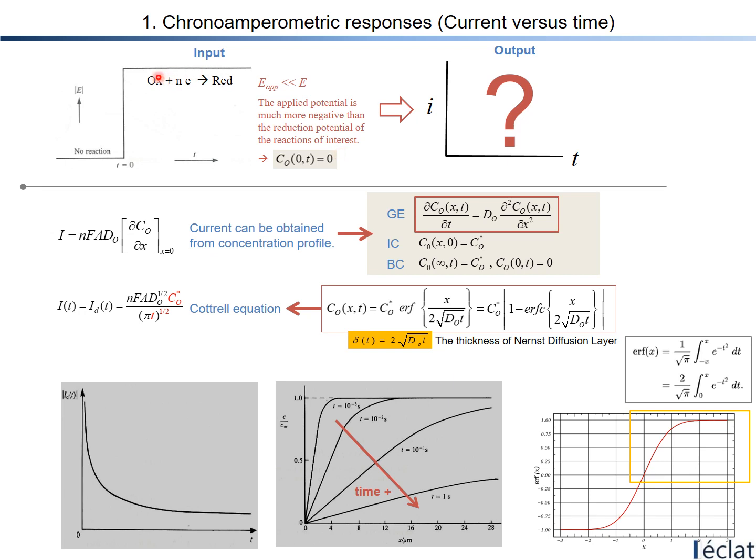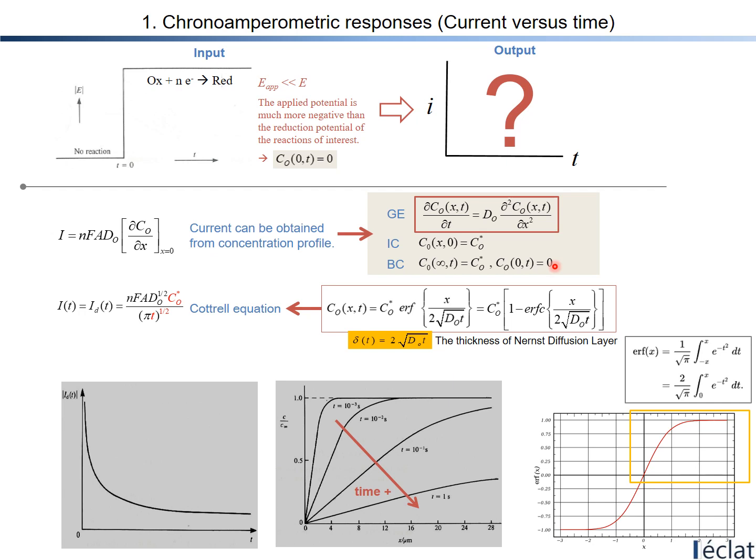So all of the oxidized species are reduced. You cannot find any oxidized species on the surface of the electrode. So C_O at x equal to 0 is 0.